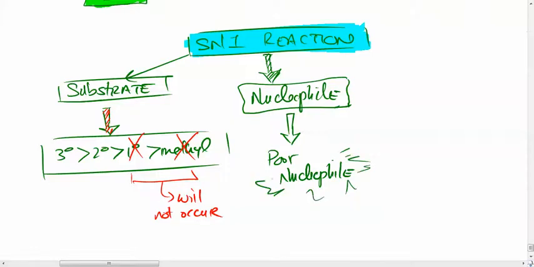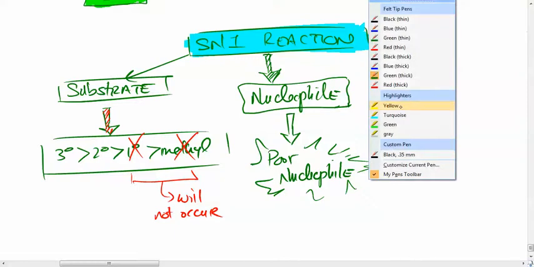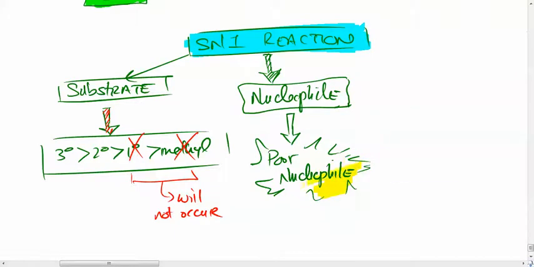Why? Because the rate determining step is just the leaving group leaving. So it doesn't matter what the nucleophile is? It doesn't really matter, but it's better if it's weak, because the strong nucleophiles are going to be doing the SN2, right?